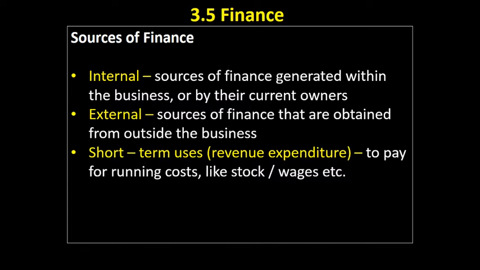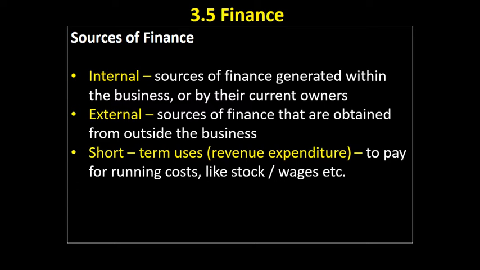If we want a source of finance to pay for things like running costs, for example, the purchase of raw material, to pay staff wages, this would be classified as revenue expenditure. Revenue, money we're getting. We're spending money on stuff to get money in the short term.